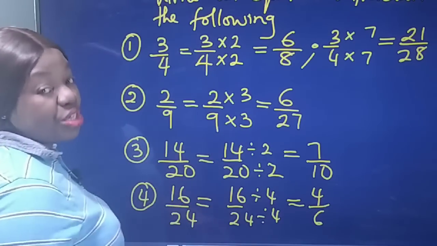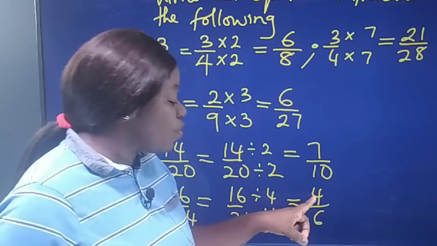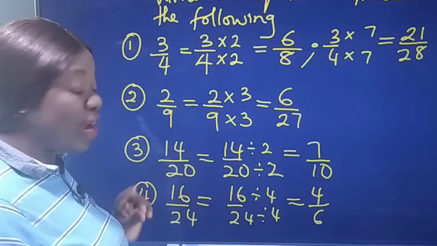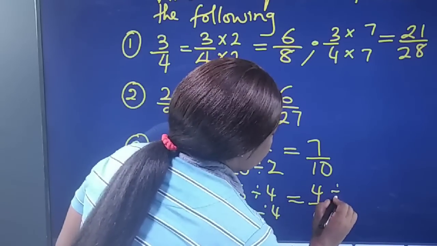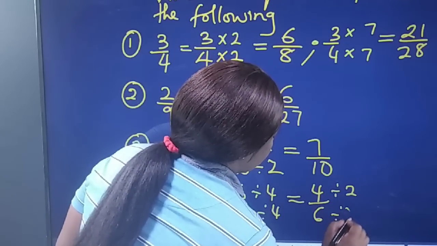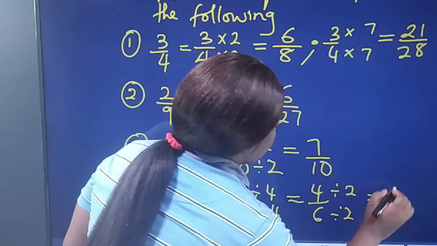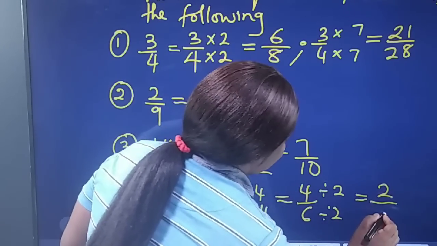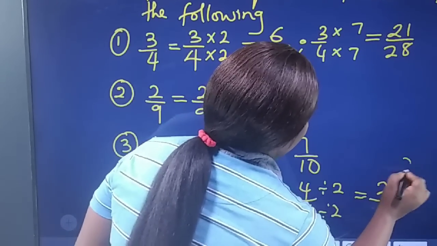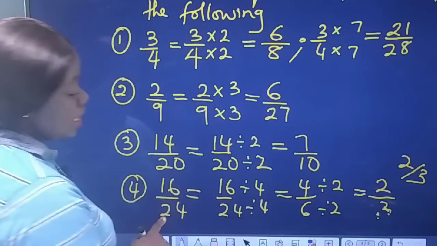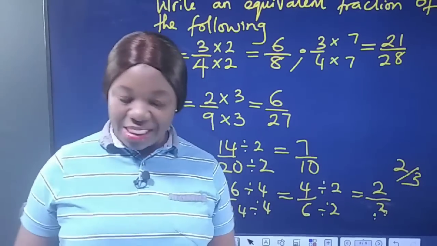Okay, so we can still reduce if we want. But 4 over 6 is an equivalent fraction of 16 over 24. If you still want to reduce, you can reduce by 2. 4 divided by 2 is 2. 6 divided by 2 is 3. So 2 over 3 is an equivalent fraction of 16 over 24.